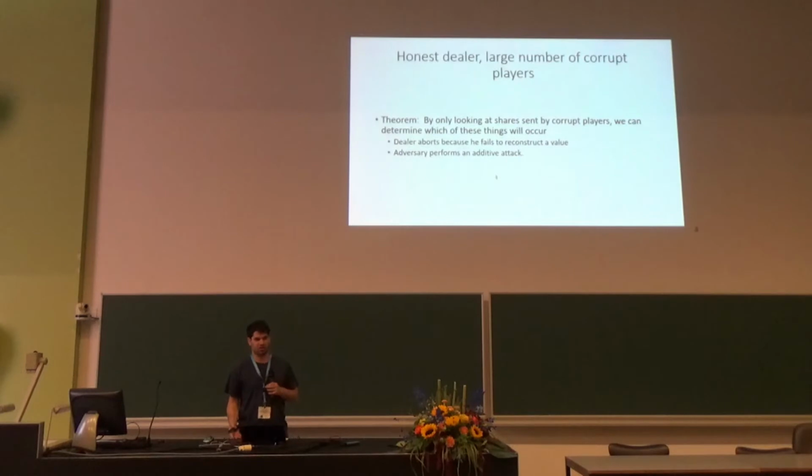Is the dealer going to fail to reconstruct the secret because Reed-Solomon decoding failed? Or is the adversary, by sending these corrupt shares, actually performing an additive attack?